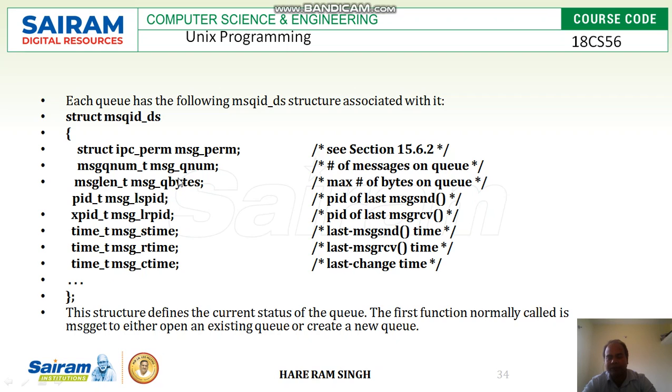Let me discuss the different fields and what they represent. Here msg_qnum represents the number of messages on the queue.